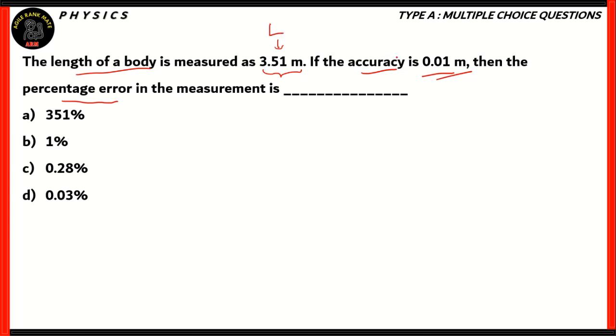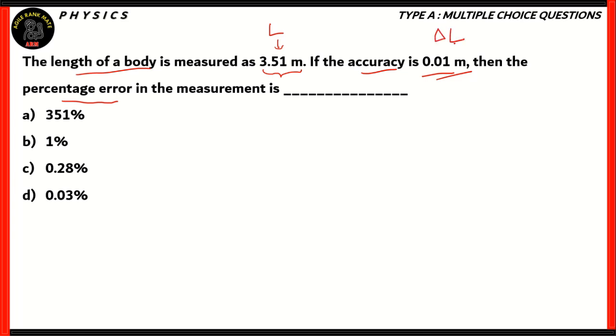Now what does accuracy here mean? It means that there could be an error of 0.01 meters. So it could be 3.52, but we misread it as 3.51. Or if it's 3.50, but we misread it as 3.51. So that here is the accuracy shown.